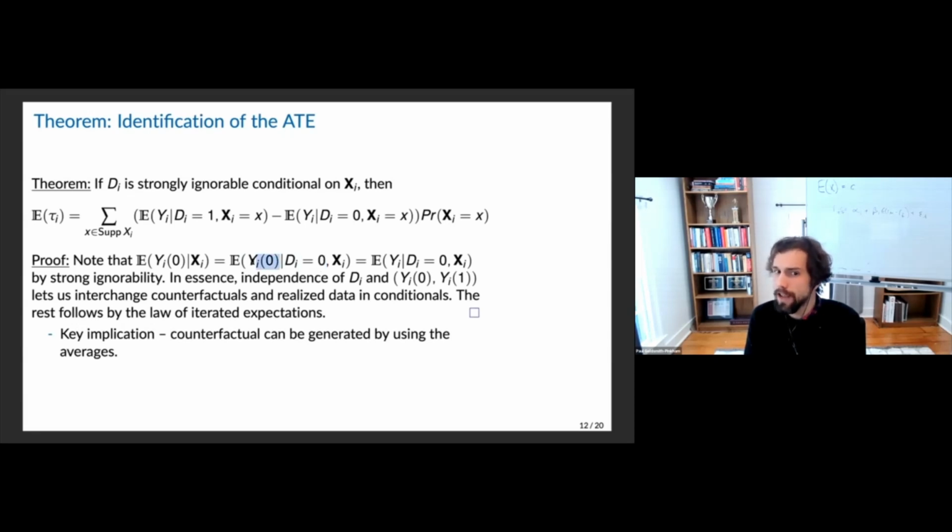And then we just plug in how we know yi is defined: yi is di times yi1 plus 1 minus di times yi0. If we plug these in, we can get to something we observe in the data. I'm going to sit on this for a second, because I didn't write it out in the slides, but I want this to be clear because it's important.